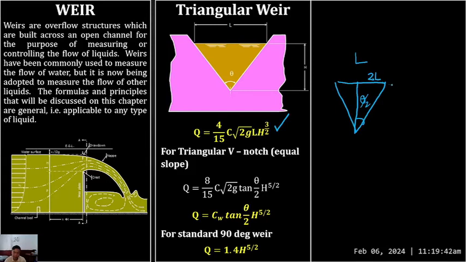So, yung theta over 2, relationship na niya sa opposite, which is L over 2, and then hypotenuse yung H.